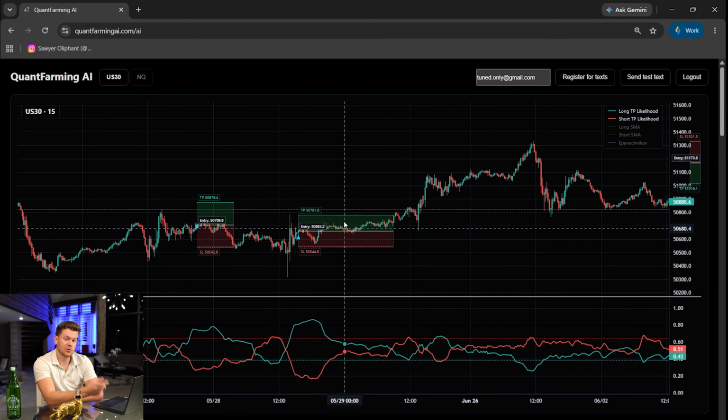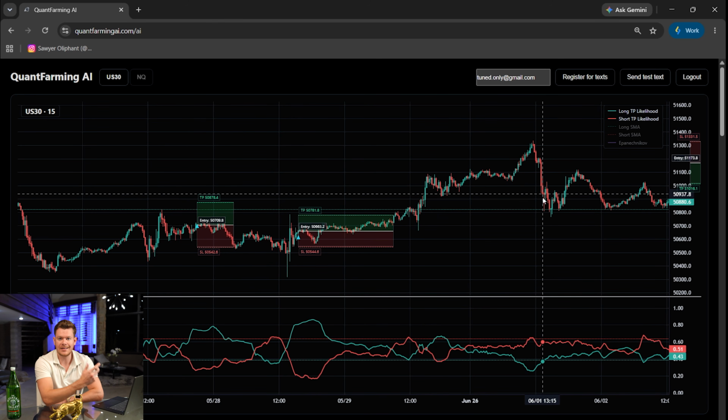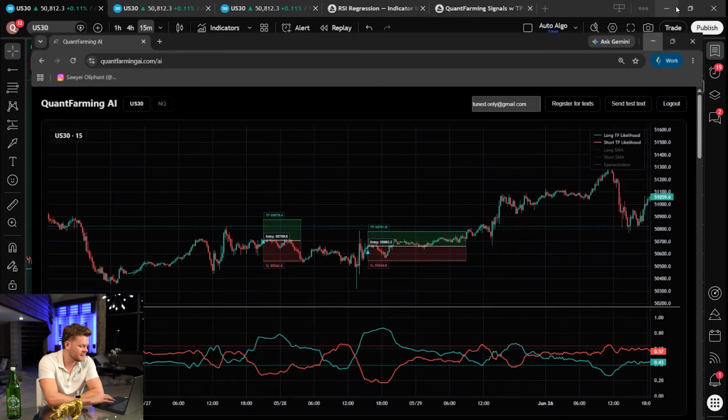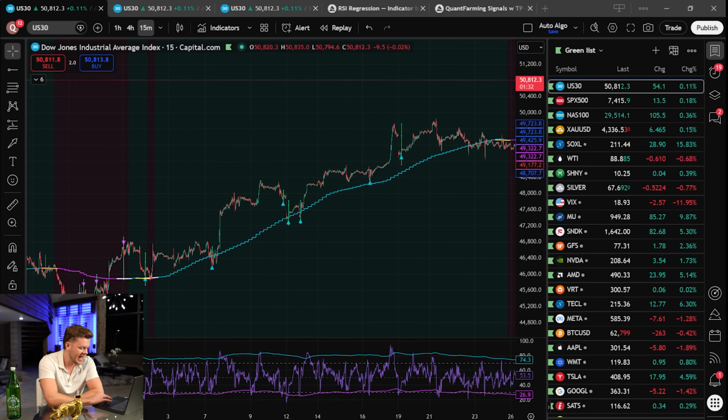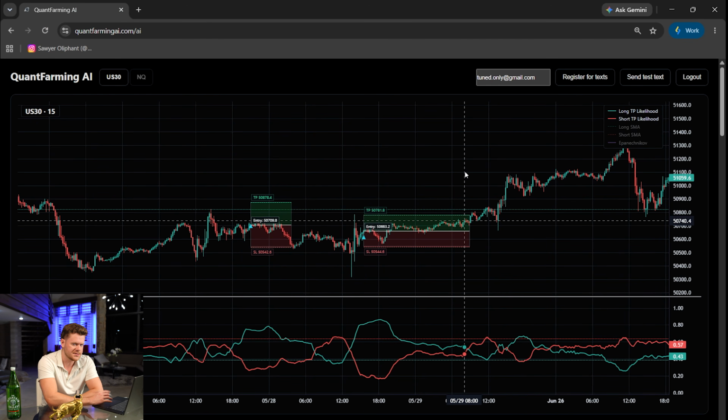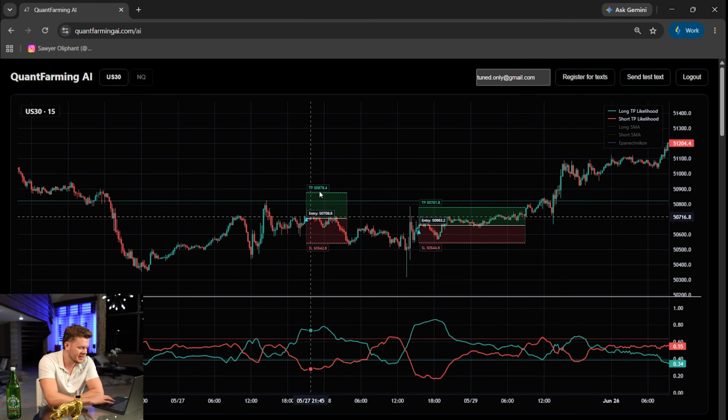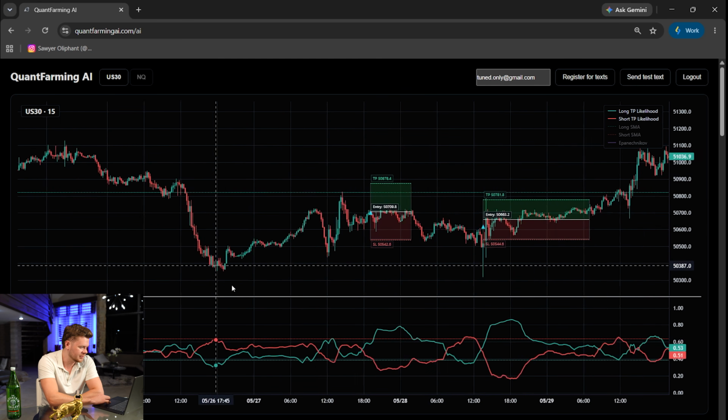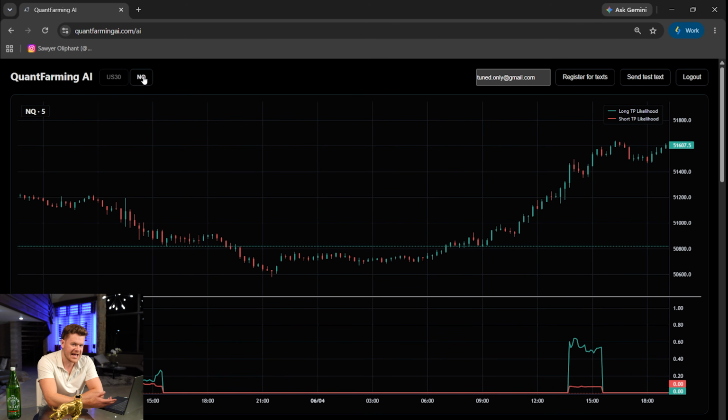Now, another super cool feature is that we actually built our own quant farming AI based on that algorithm that I just showed you. So when we get the signal from the AI, we can actually go in and almost do what's called a double check and see based on the AI what the probabilities are. So we have the probabilities below, and we also have this for NASDAQ as well.